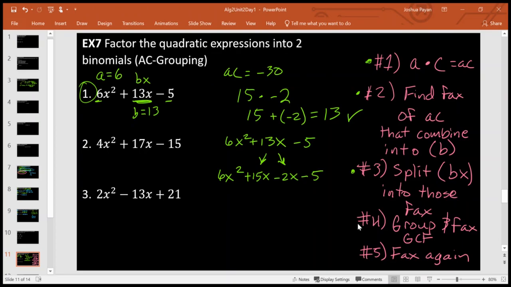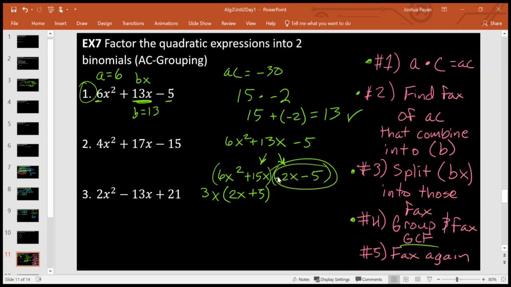Okay, so now we're on to step 4, group and factor. So group just means draw some parentheses like so. And we're going to factor out the GCF. So here on the left, 6x squared plus 15x, we see that our GCF is 3x. And that leaves me with 2x plus 5.